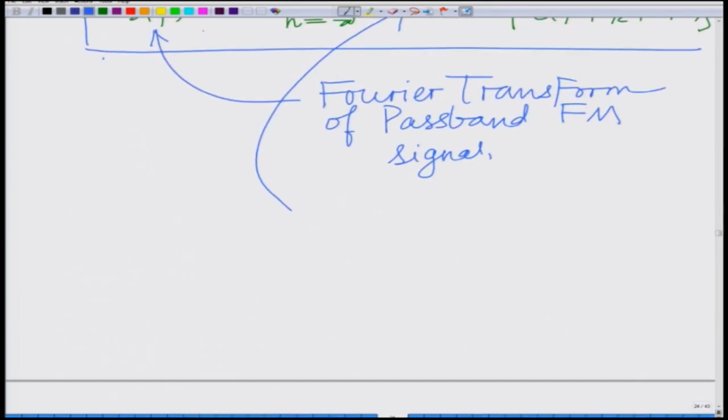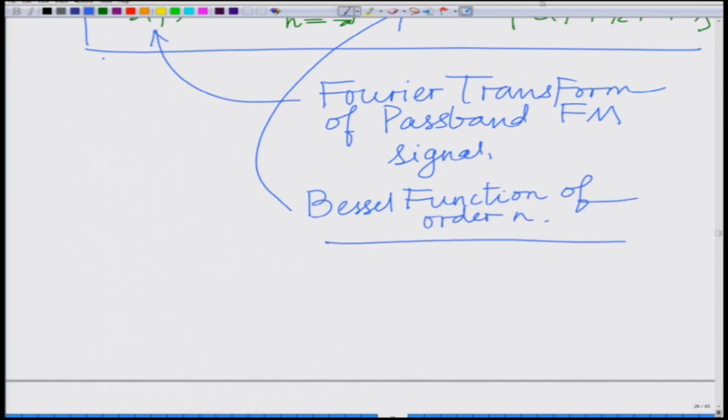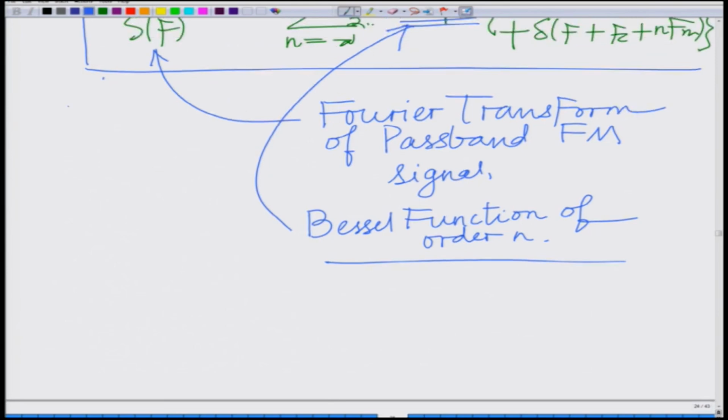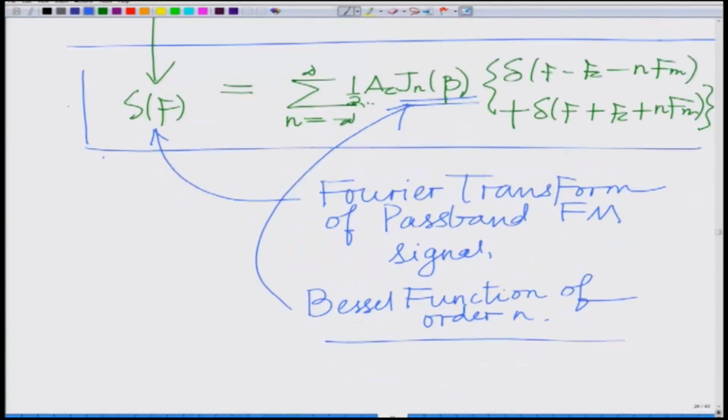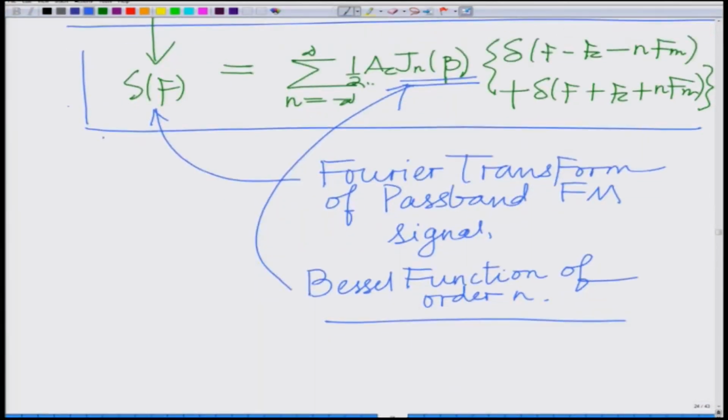This is the Bessel function J_n(β), the Bessel function of order n. So this is the spectrum, and naturally it depends on J_n(β). Of course, n goes from minus infinity to infinity.